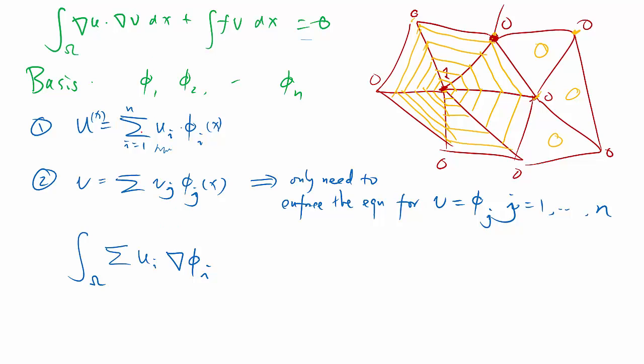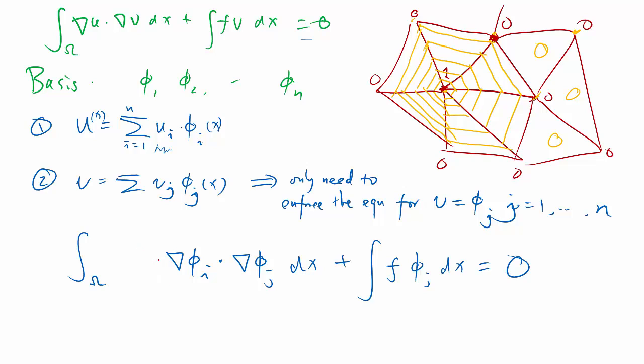So u is expanded using i and j: vi dot with grad of vj dx, plus the integration of f times vj dx, is equal to 0. I can pull this summation out of the integral, and I can pull this ui out of the integral, because these are just numbers.